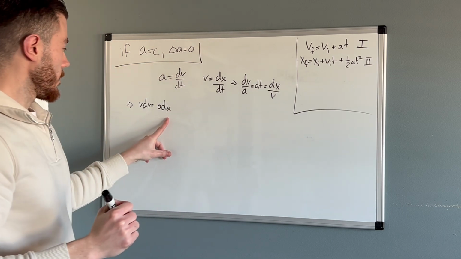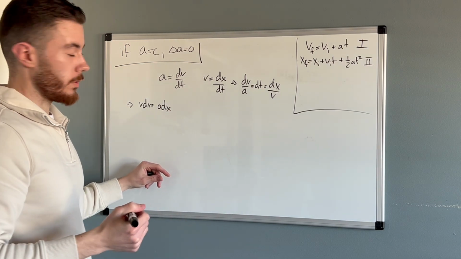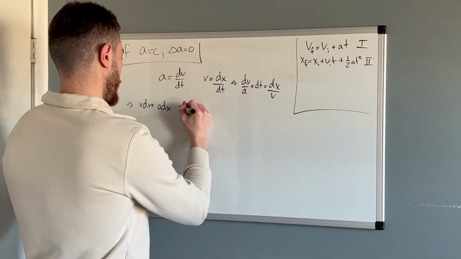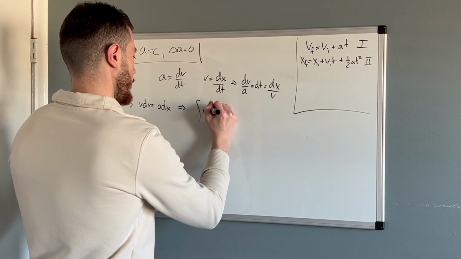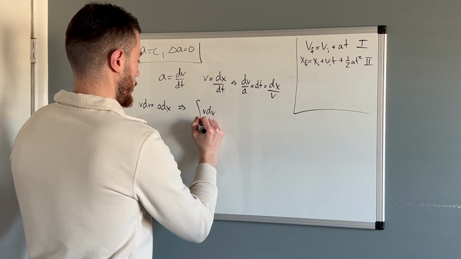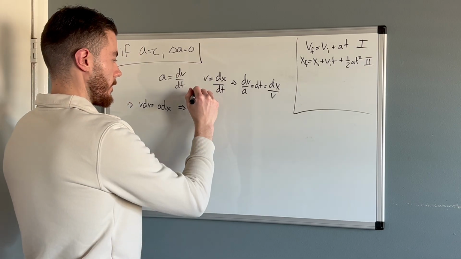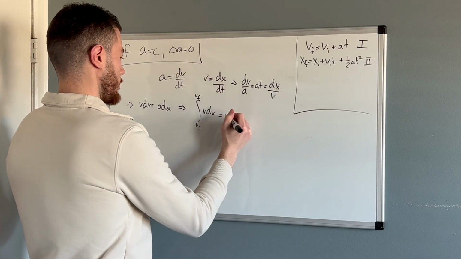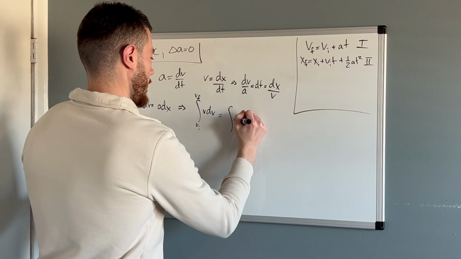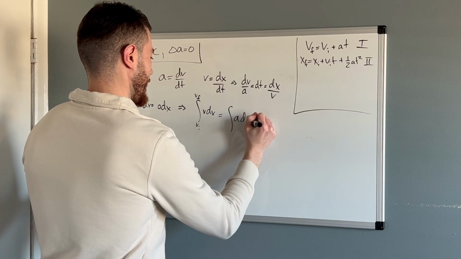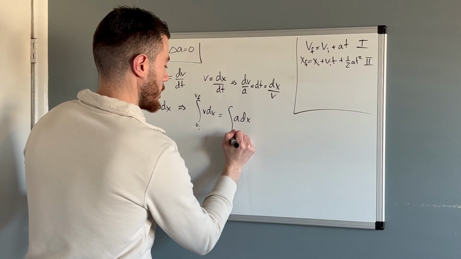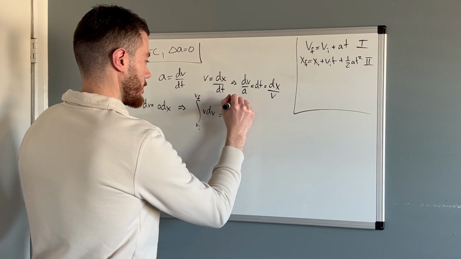And then this is just a simple differential equation for us to solve. Integrate both sides. The integral of v dv from some initial velocity to some final velocity is equal to the integral of a dx from some initial position to some final position.